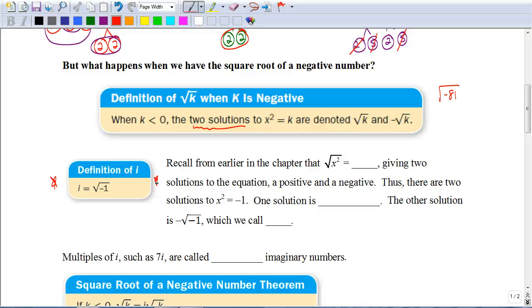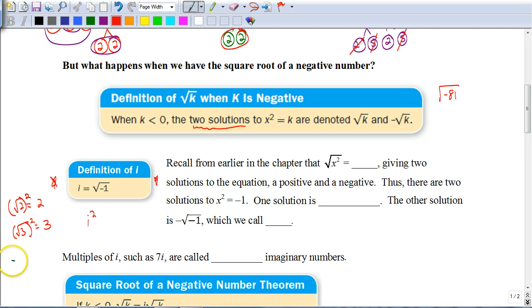And speaking of that too, we have a value for i squared. Now think about this for a second. If I take the square root of 2 and square it, that's going to give us 2 as our answer. If I take the square root of 3 and square it, that's going to give me 3 as my answer.